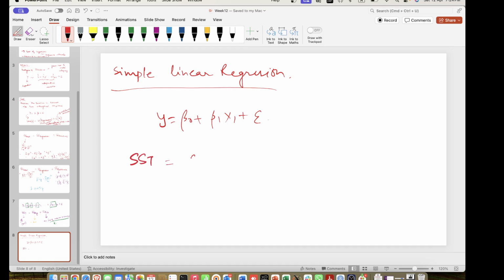So SST is equal to SS due to regression plus SS due to residuals. Okay, here we have n minus 1 as degrees of freedom.